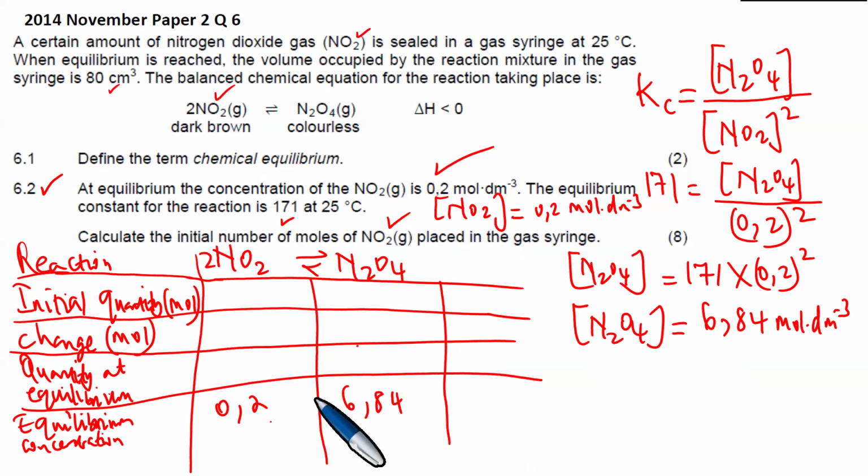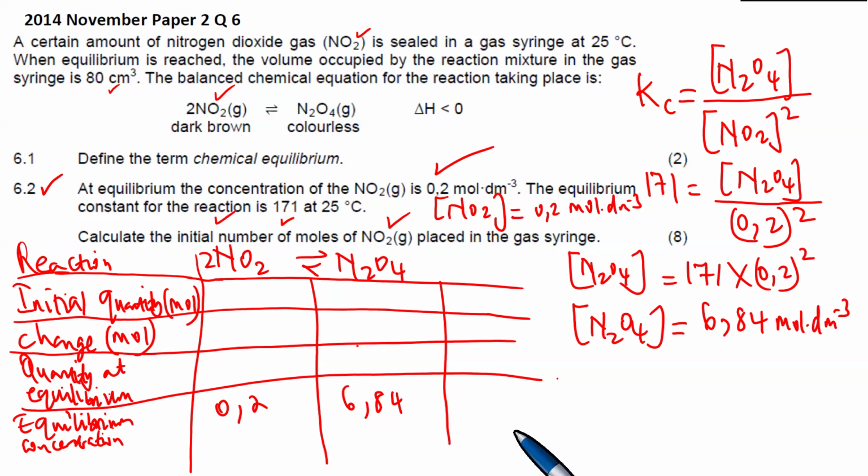So in other words, we have put these things here at equilibrium, but we need to work our way backwards because we need the initial things. We need to fill this up, and the question becomes, what is the change here at this point?